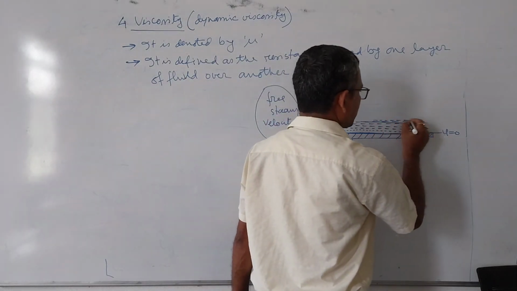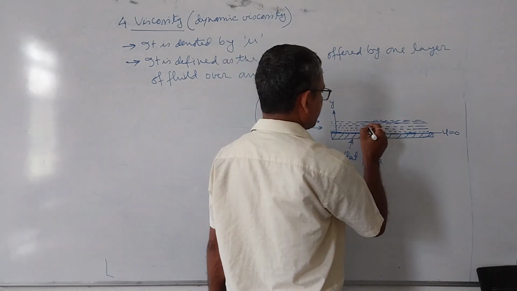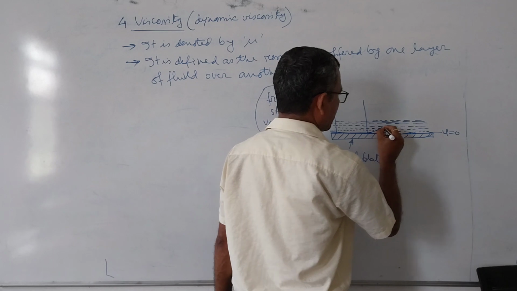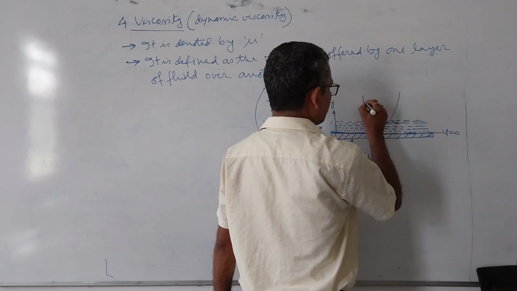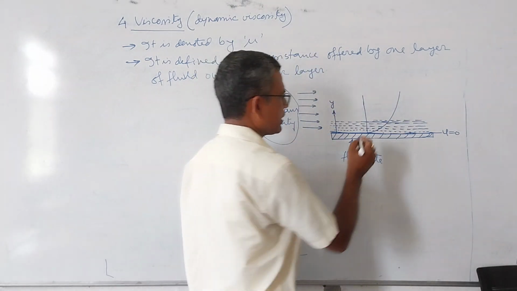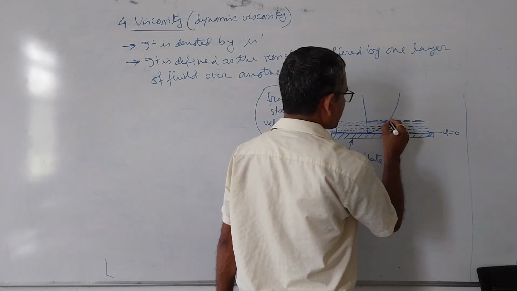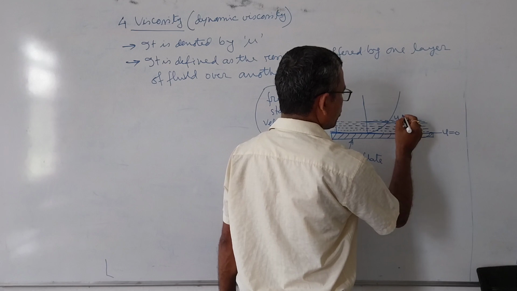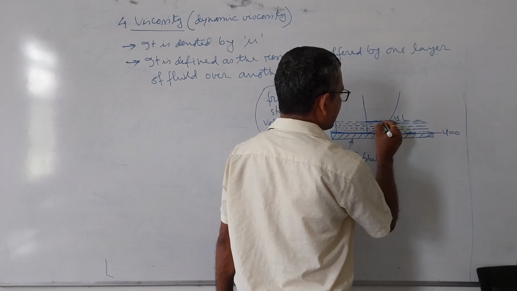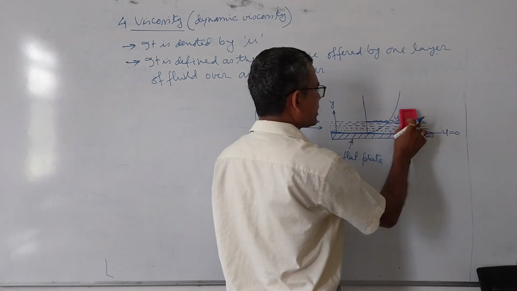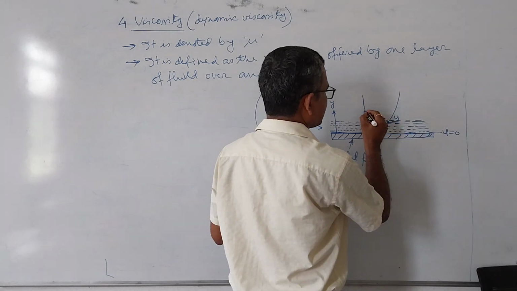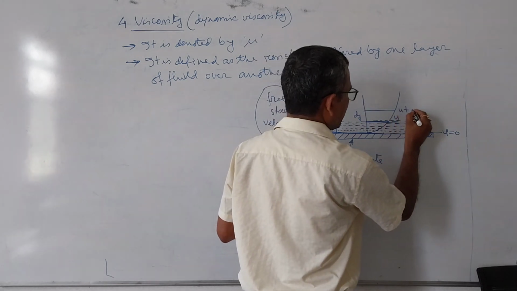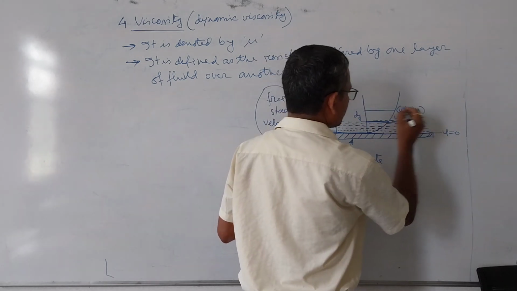Then the velocity will be increasing. If you draw the velocity profile, at this point the velocity is u, and at a distance dy, it will have some velocity u plus du.